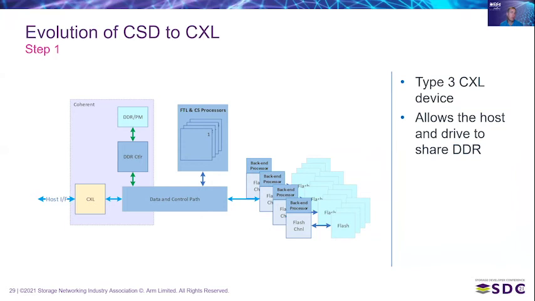This, in fact, could even be the Type 3 memory expansion device that I had mentioned previously. And essentially, through this DDR, it would enable the host to perform CXL type coherent transactions to the memory, either way, reads or writes. It doesn't mean that the host couldn't also use NVMe to continue accessing the storage in a traditional manner. In fact, I really expect that NVMe should run over CXL.io with no problem at all.